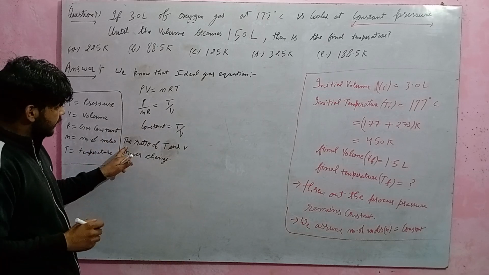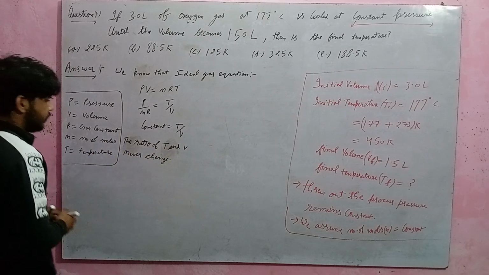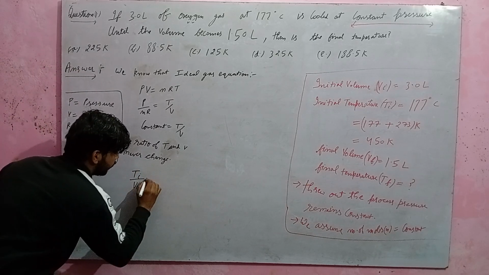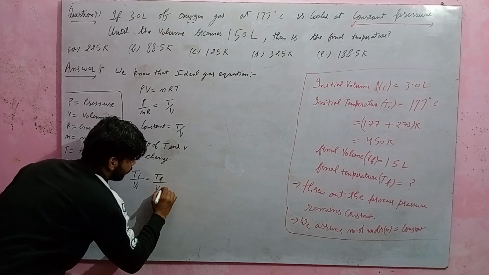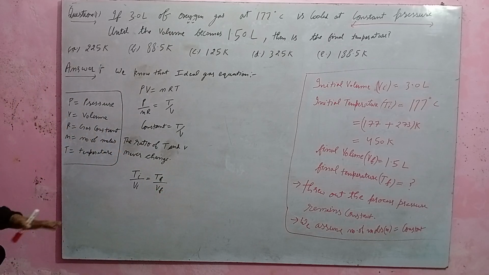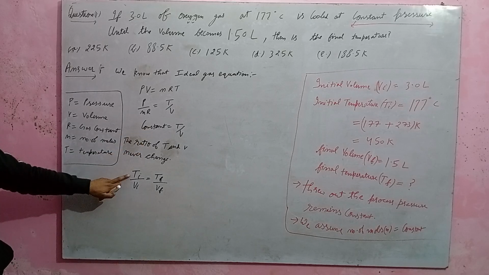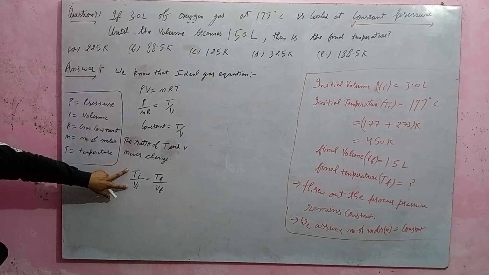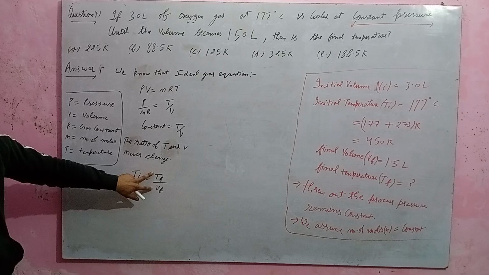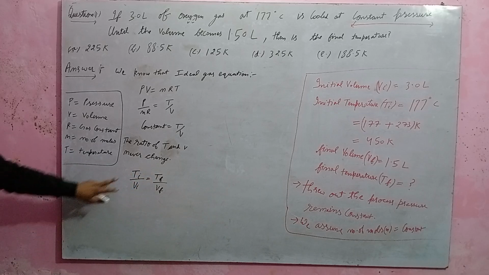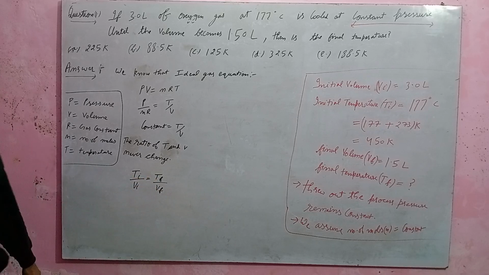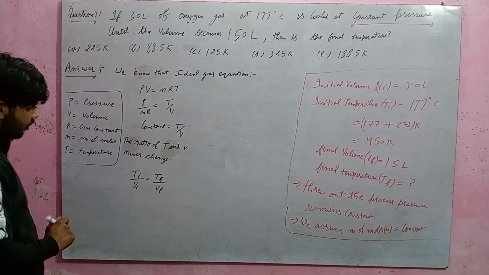What is the meaning of this? That means initial temperature upon initial volume is equal to final temperature upon final volume. The value of T by V which comes initially is equal to the value of T by V finally. Okay, understood? Now I can understand.